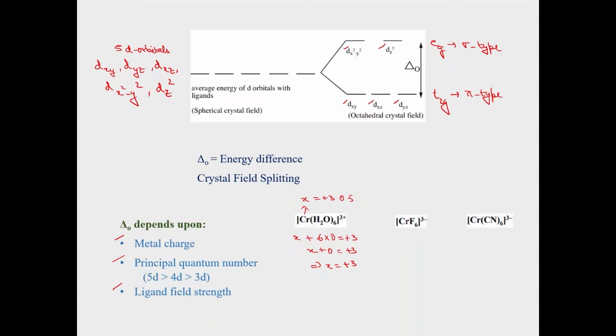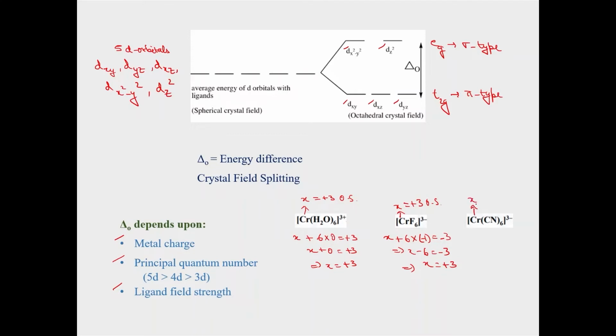Now for the complex [CrF6]3-, if we consider X oxidation state, then X plus 6 into fluorine, which carries minus 1 charge each, equals the overall charge of minus 3. So X minus 6 is equal to minus 3, or X is equal to plus 3. So here also chromium is present in the plus 3 oxidation state.